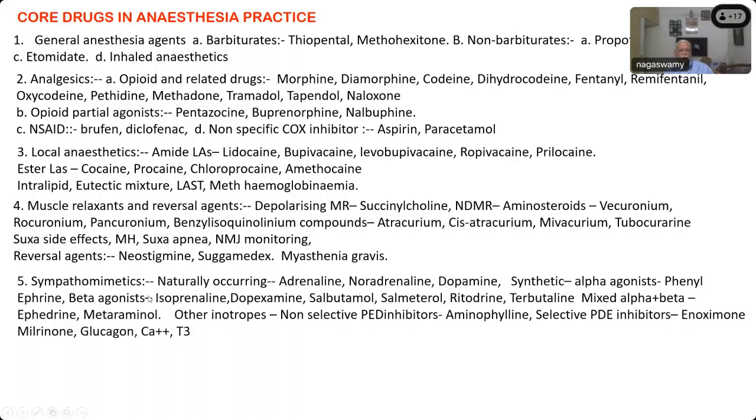Then comes the sympathomimetics. How do you classify the sympathomimetic drugs? The answer is here: naturally occurring and synthetic. Okay, so you must know all about adrenaline, noradrenaline, dopamine.